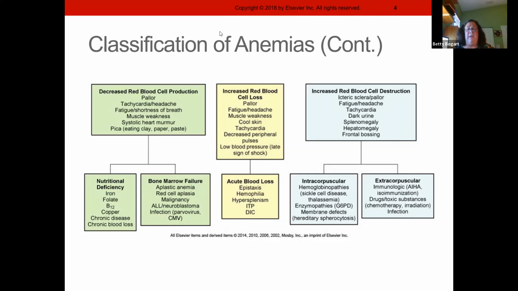Now, ITP is idiopathic thrombocytopenic purpura, which is, if you think of the P, think platelets. So it is decreased platelets. And no platelets, you're going to bleed. And then DIC is something called disseminated intravascular coagulopathy.